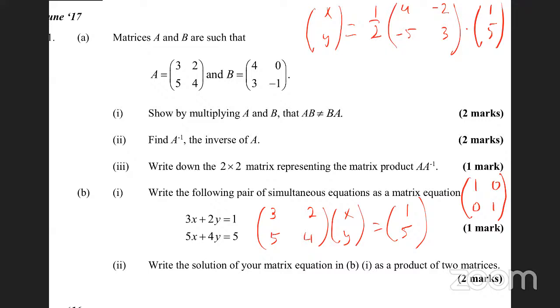Leave the half for last. Multiply the two matrices first and then multiply by a half. It makes it easier, right?